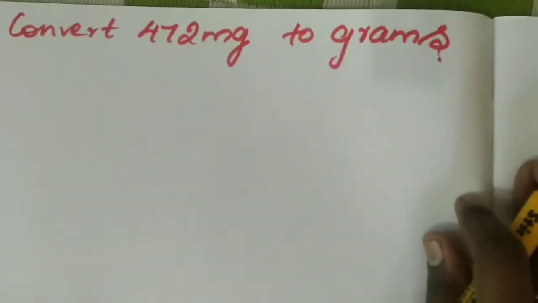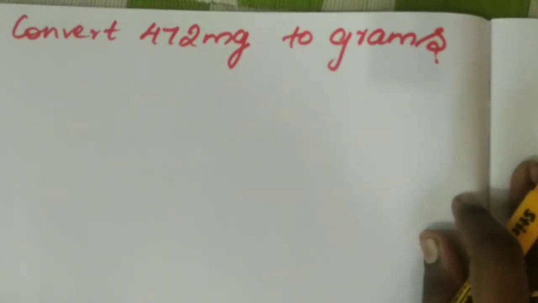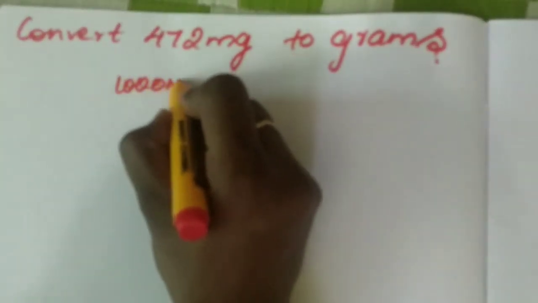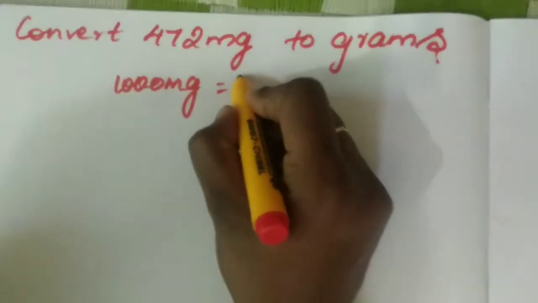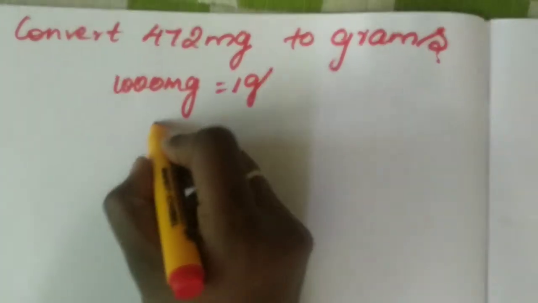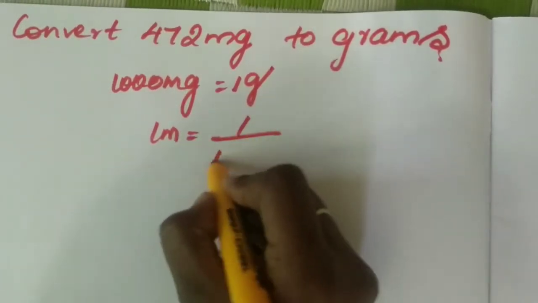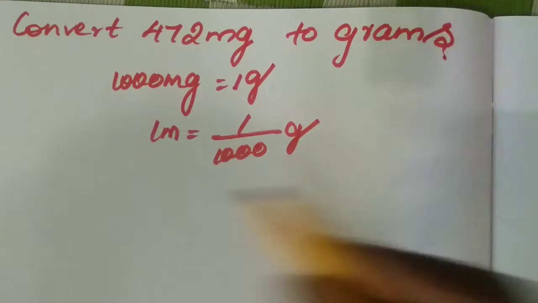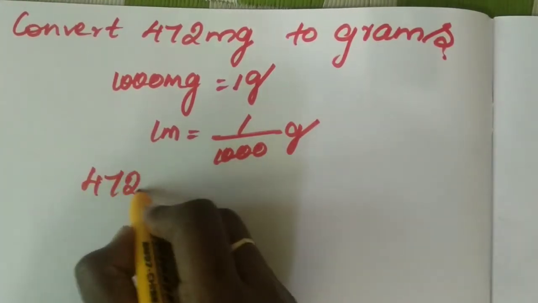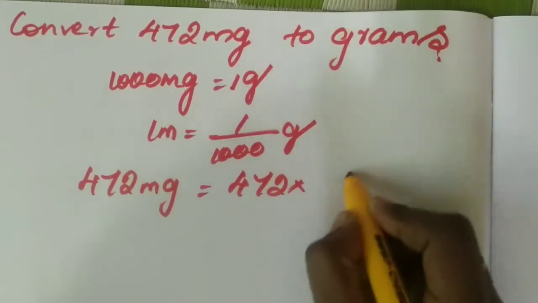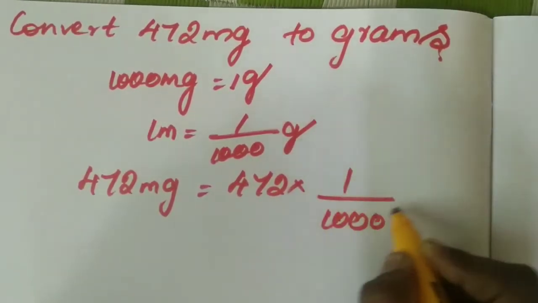Our next example: convert 472 milligram to grams. We know 1000 milligram is equal to 1 gram. So 1 milligram is equal to 1 by 1000 gram. So 472 milligram is equal to 472 into 1 by 1000 gram.